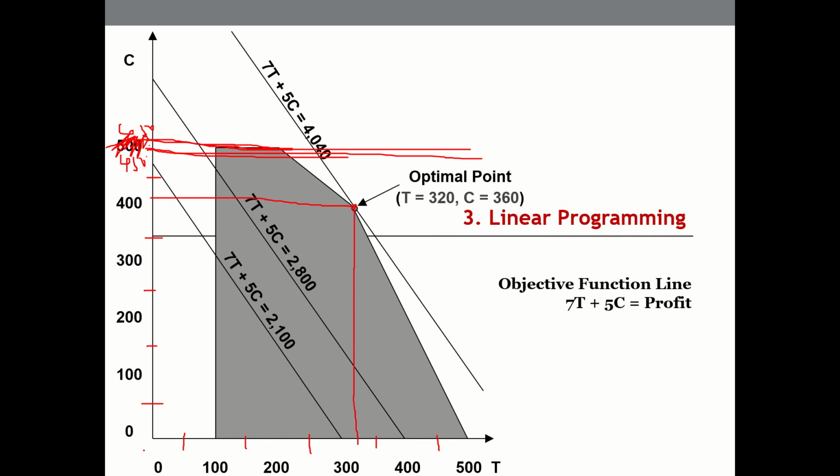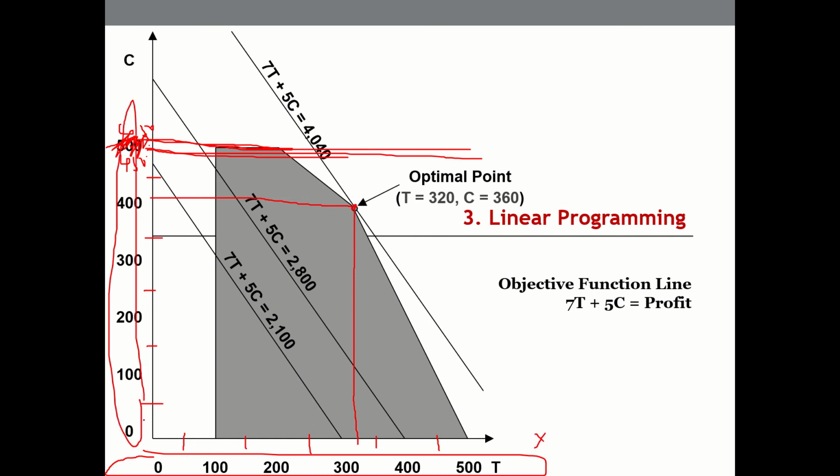I think this numbering needs to be adjusted. Otherwise, we just draw a horizontal line and a vertical line connecting to this intersecting point. Roughly, we can make 320 tables.